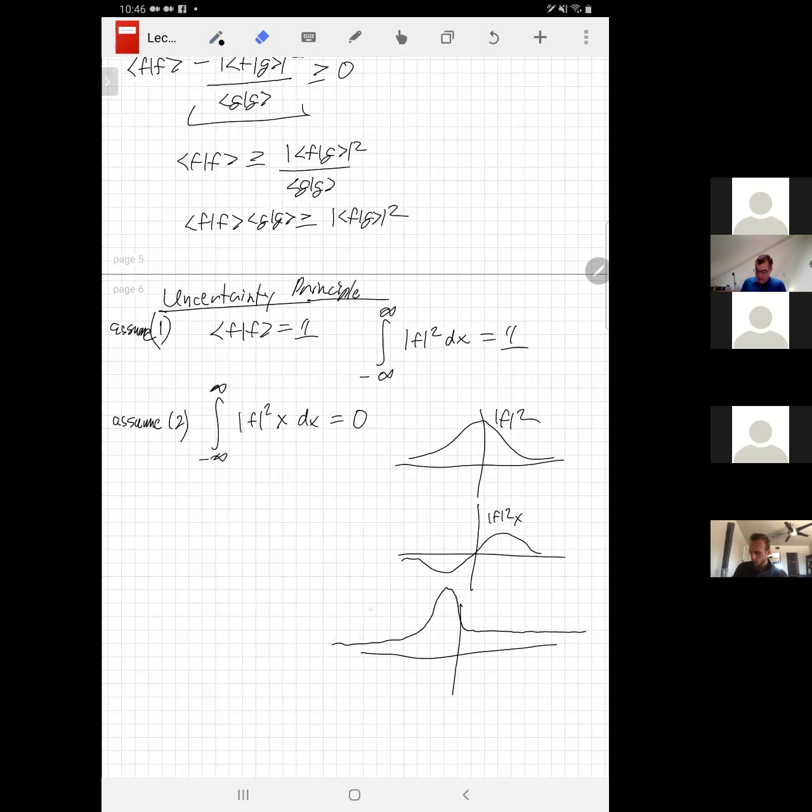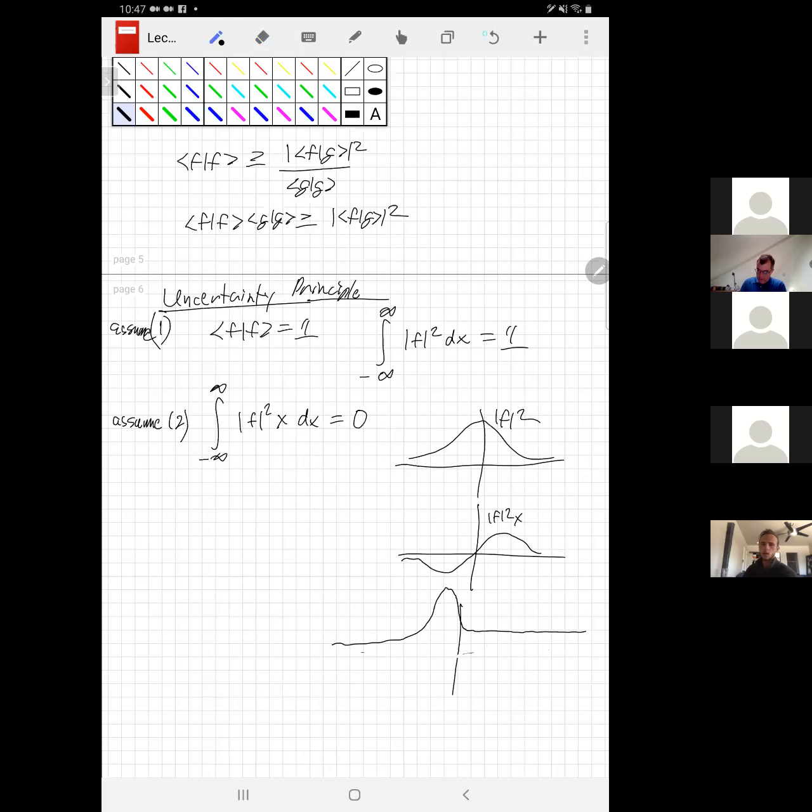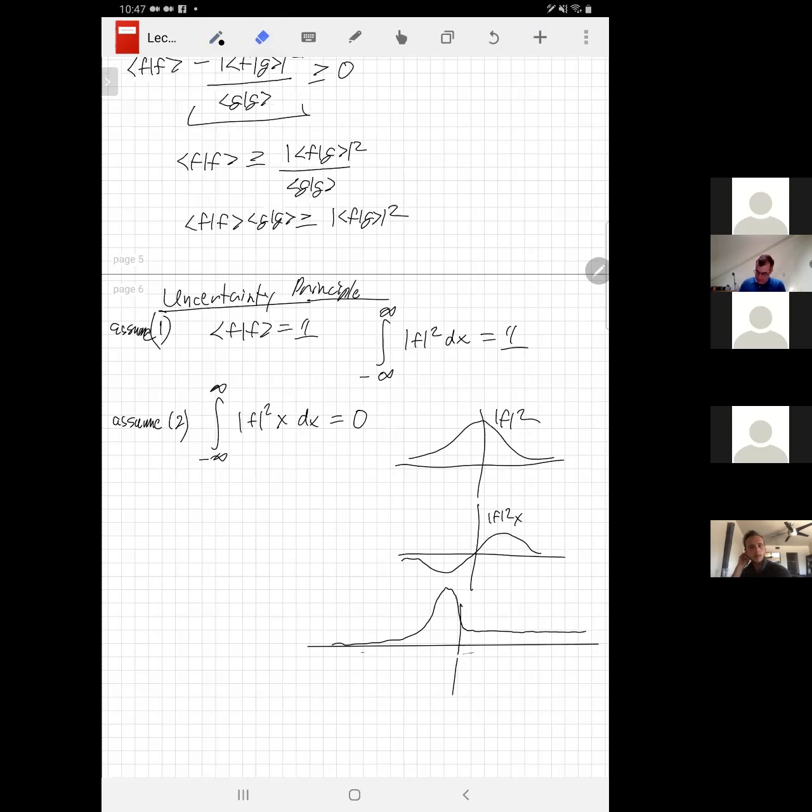That would be easier if I had made this here. I'll draw it a little bit better. All right, so there's my axis, and I've got to show at least a little bit of decay on this side.